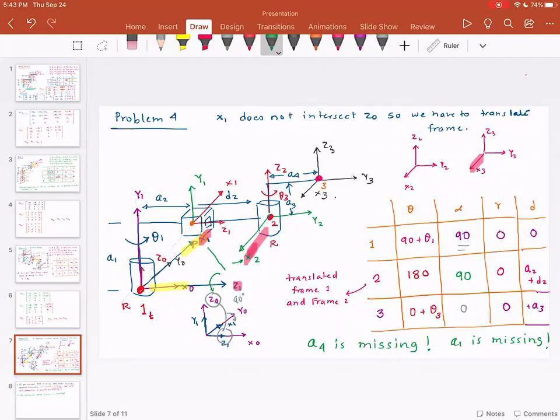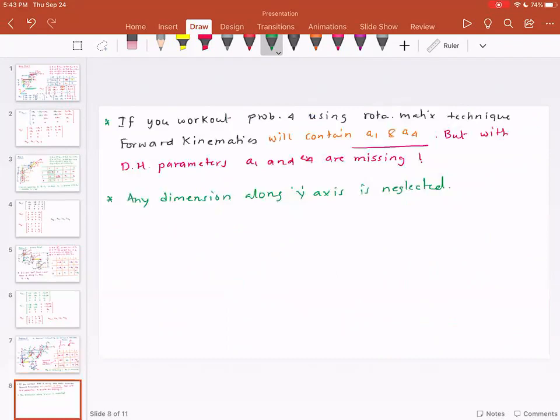So the major limitation of the DH parameter technique, even though it may look simple and plug and chug, is that if the robot has any dimensions around the y-axis, that dimension will be neglected, which means your forward kinematics would be incorrect.